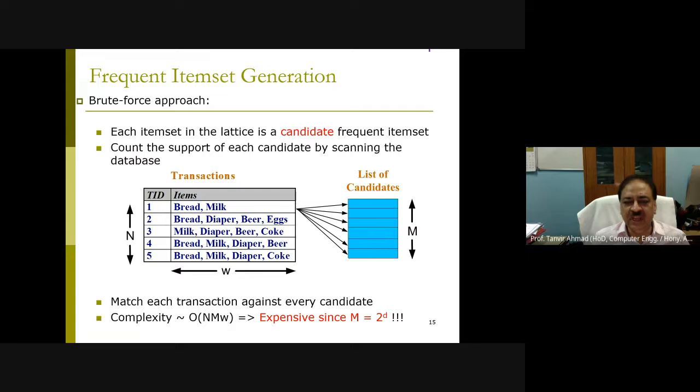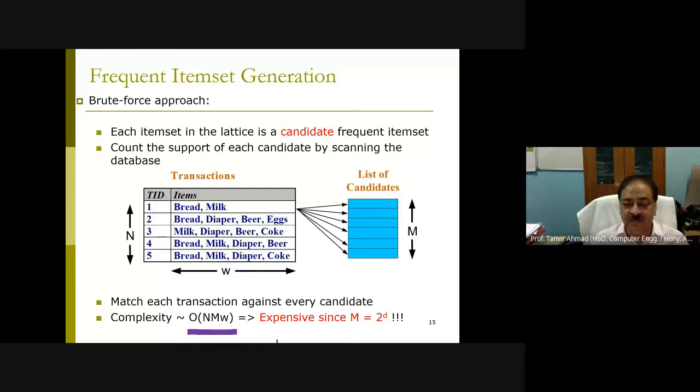Then I match each transaction against every candidate. The complexity of the whole algorithm is given by order of N into M into W. Now, N is the number of transactions, and W is the width of transactions, that means how many items are there in one transaction.